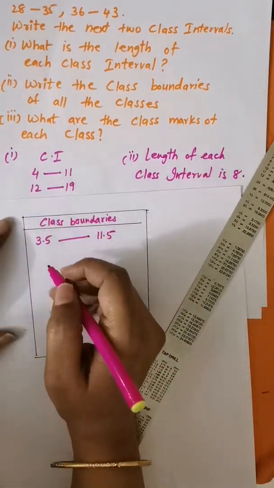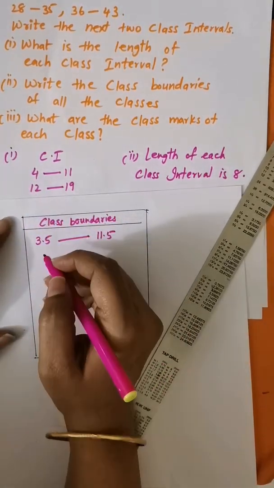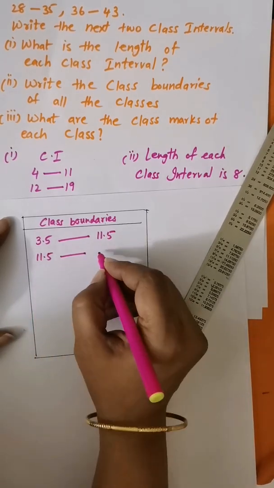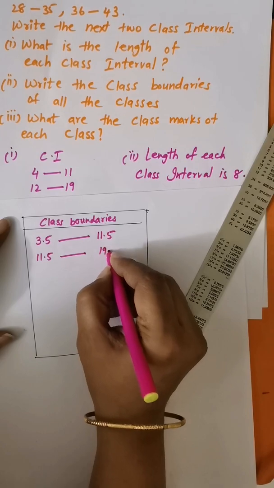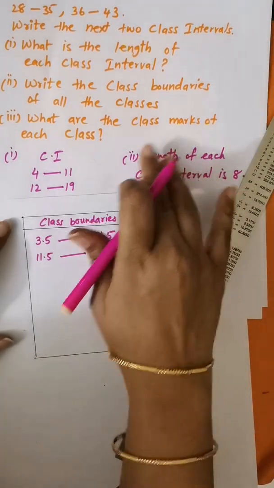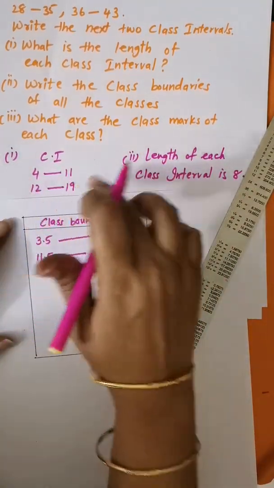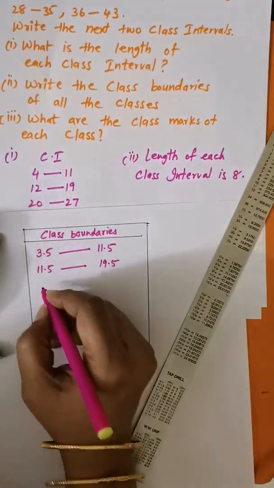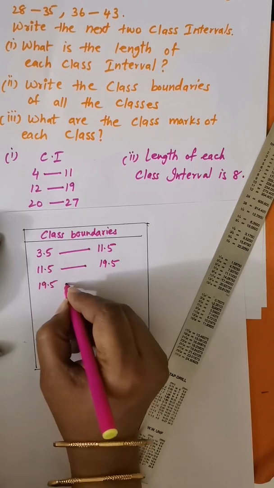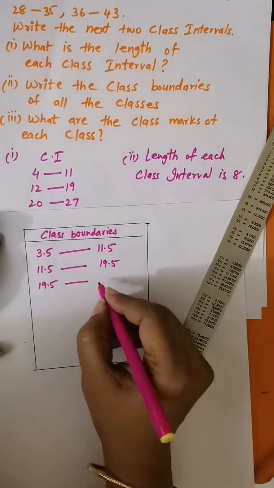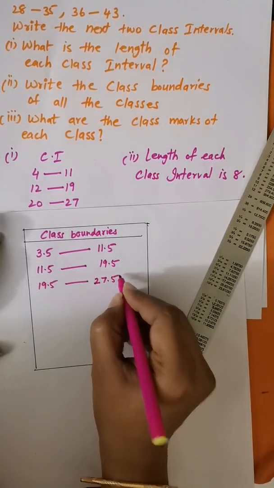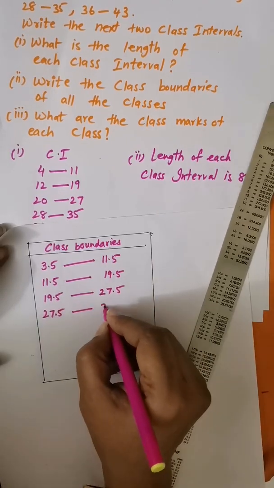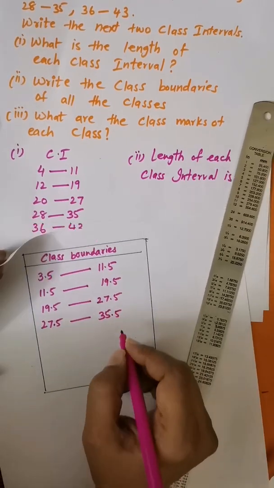Similarly, subtract half from lower limit, it will become 11.5, and add, this will become 19.5. Next, subtract, it will become 19.5, add 27.5. Subtract 27.5, add 35.5.